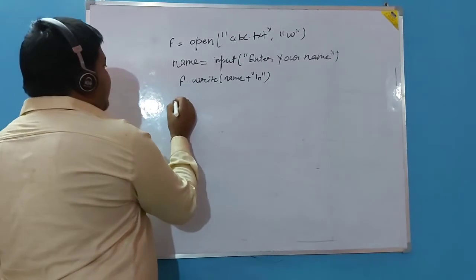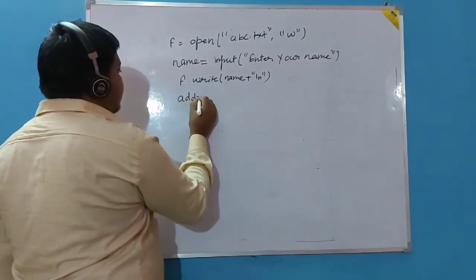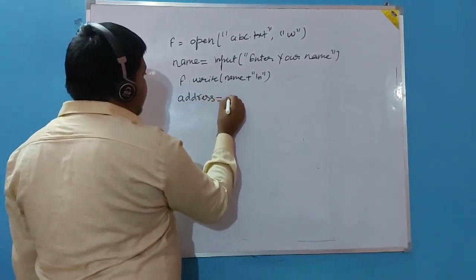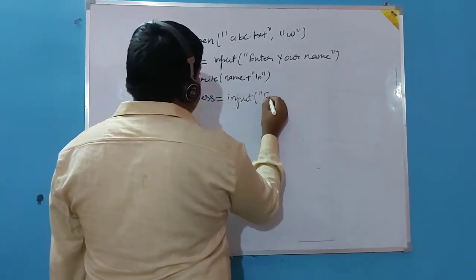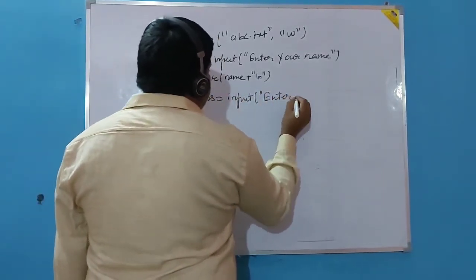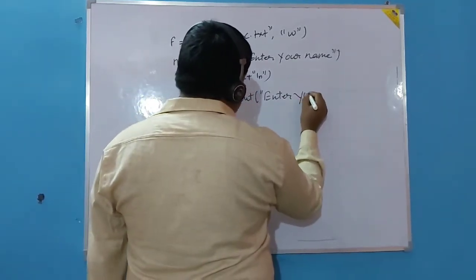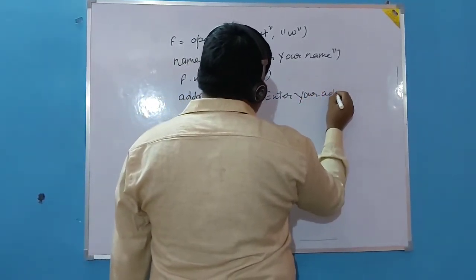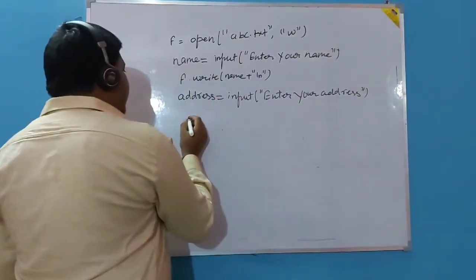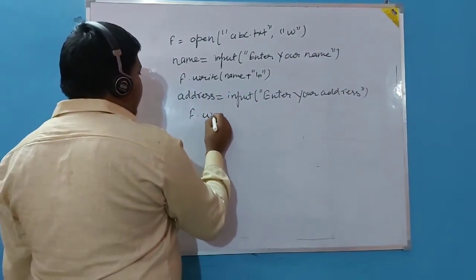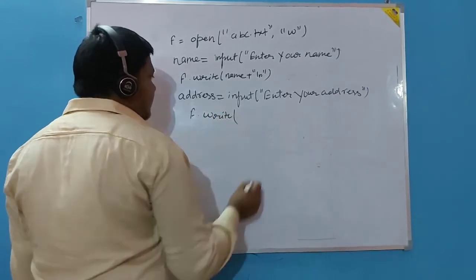Clear. Again I am going to take address. address is equal to input, enter your address, then here f.write(address).